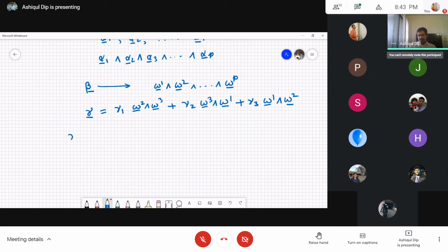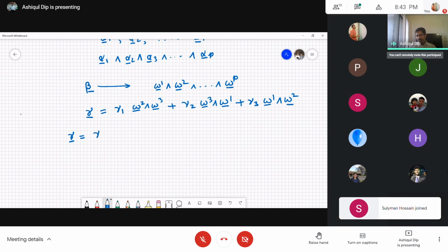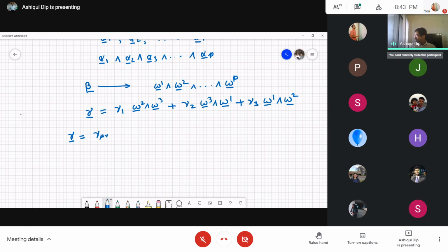So we can try to write this gamma in terms of the usual direct product terms, like omega 1 direct product omega 2. So let's say if we expand gamma, then it's gamma mu nu, or actually that's going to be a little bit difficult for you.